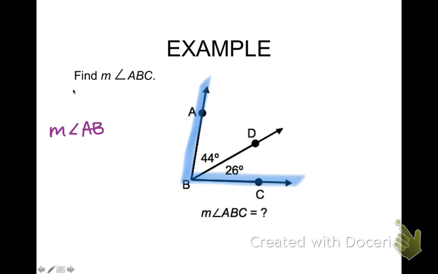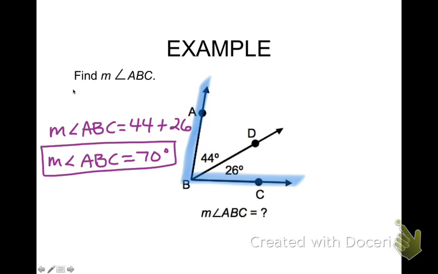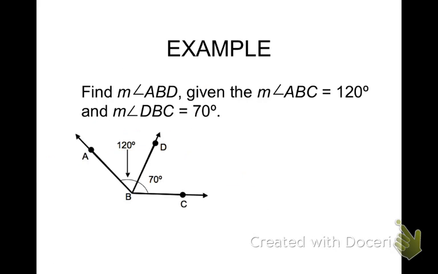The measure of angle ABC is equal to 44 plus 26. 44 plus 26 is 70, so the measure of angle ABC is equal to 70 degrees. Angle addition: add the two angles together. So far, so good.